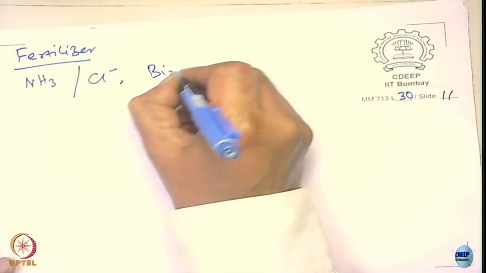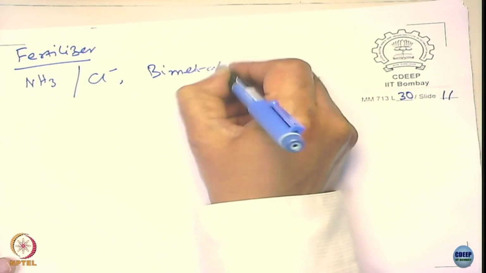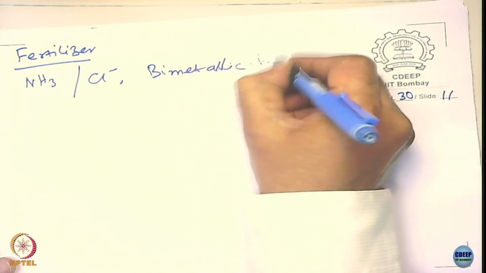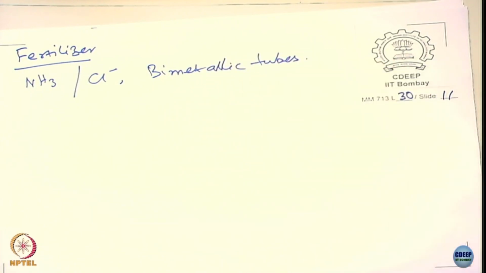So, what people do in this case is they use bimetallic tubes. These are tubes wherein you have two different metals bonded actually. One surface you will have brass and inside you will have stainless steel, they are bonded, and that kind of thing is being used.